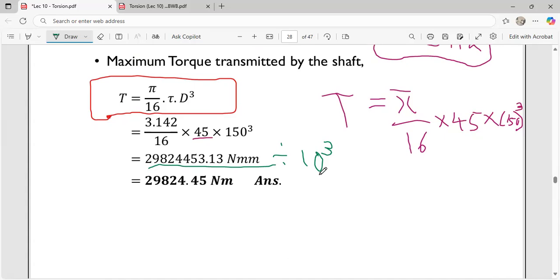We get 299.45.313 Newton meter, as a result of dividing by 10 exponent 3 to change the answer from Newton millimeters to Newton meter. As easy as that.